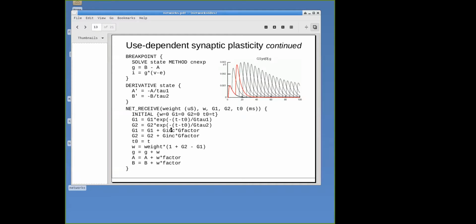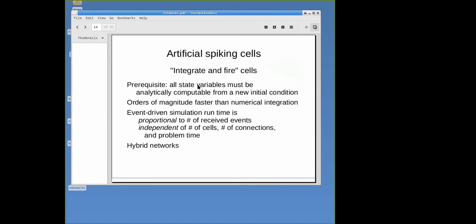And this process only needs to be updated every time there's a new input event. Maybe we can do something like make an artificial spiking cell, because artificial spiking cells are often described in terms of analytically solvable differential equations.